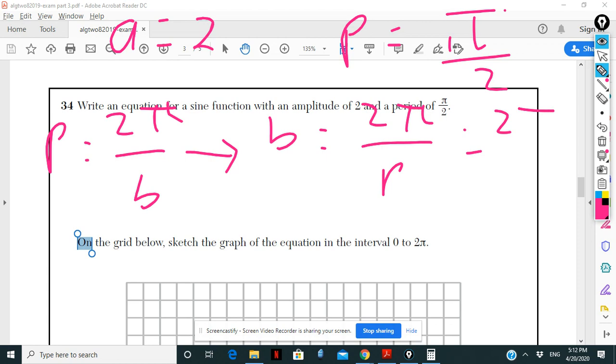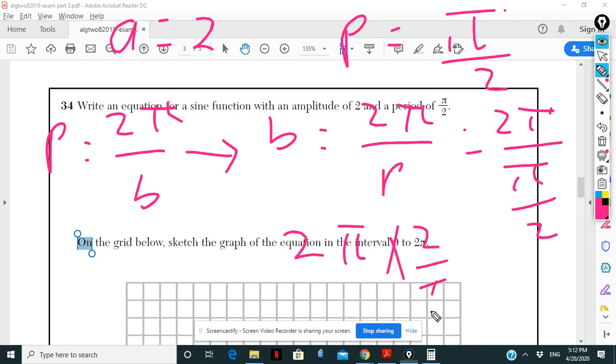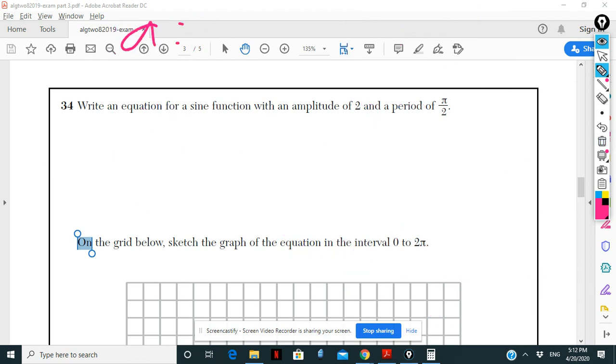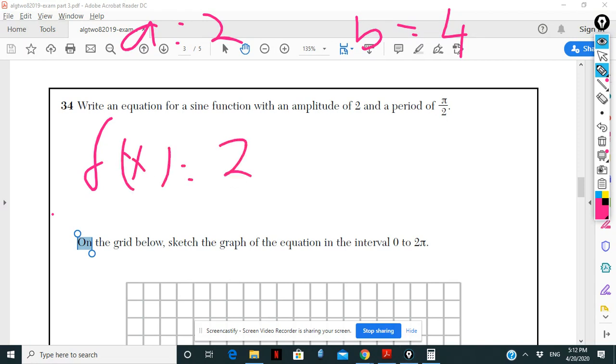So I have 2 pi divided by pi over 2, keep change flip, so 2 pi multiplying by 2 over pi. Cancel out, I have 4. So now A is 2, B is 4, he didn't give me any information about any type of shift, so f(x) equals 2 sine 4x.